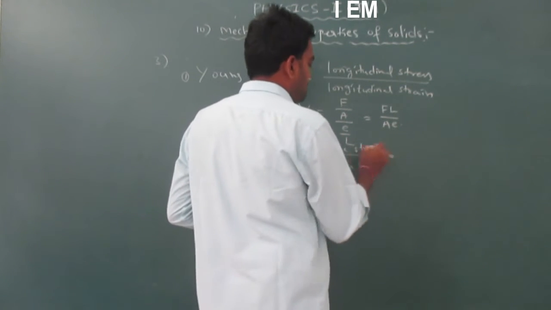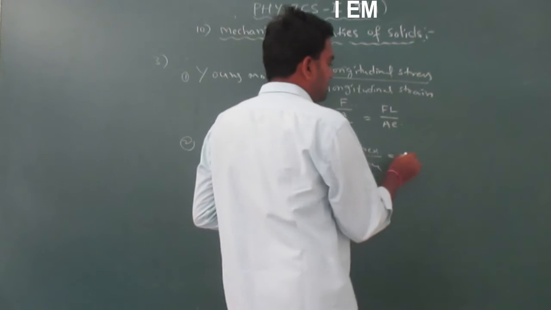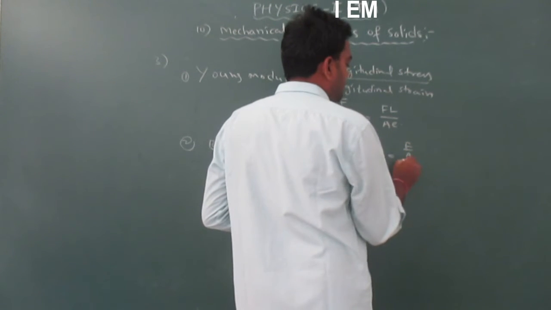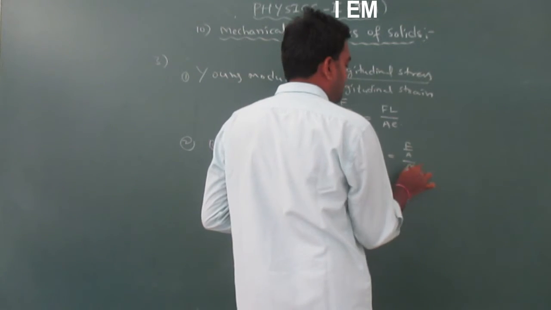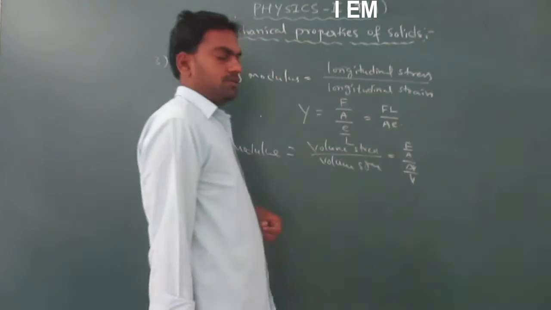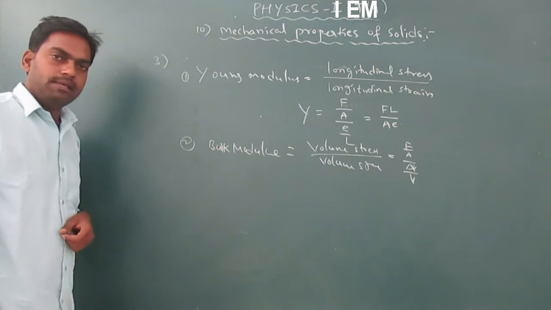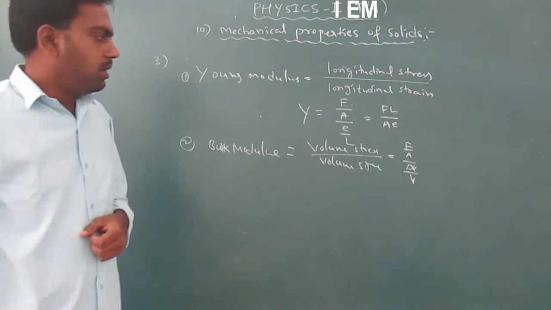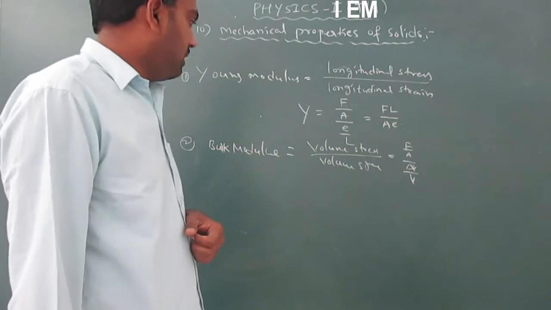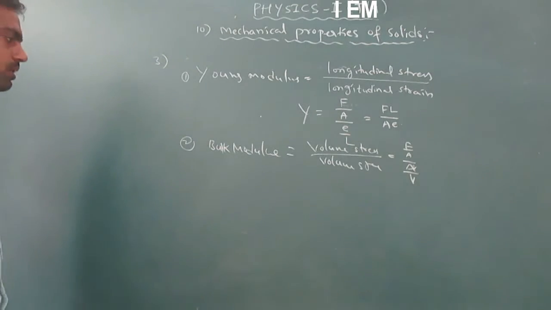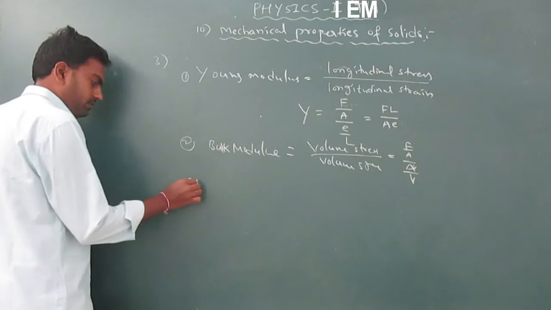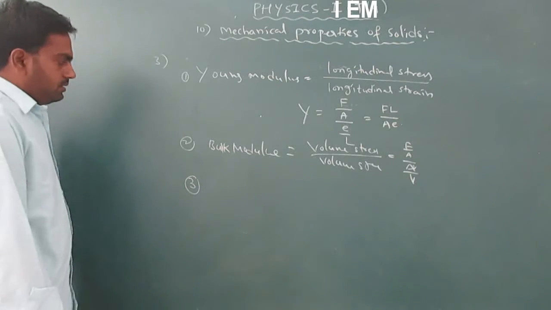So that is F by A by delta V by V, we can write. This is called the bulk modulus. Bulk modulus is volume stress by volume strain, or bulk stress by bulk strain.